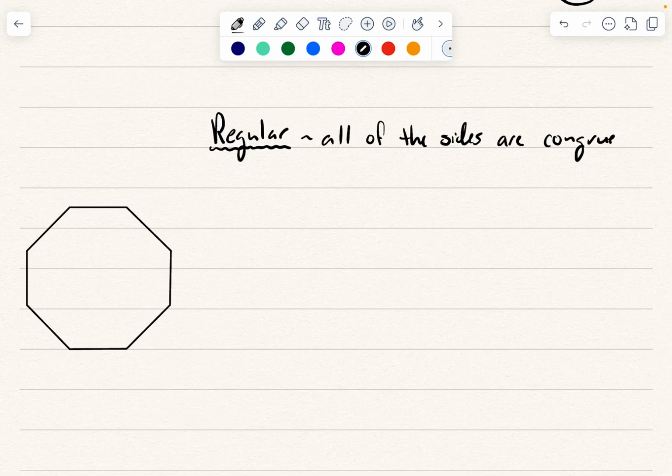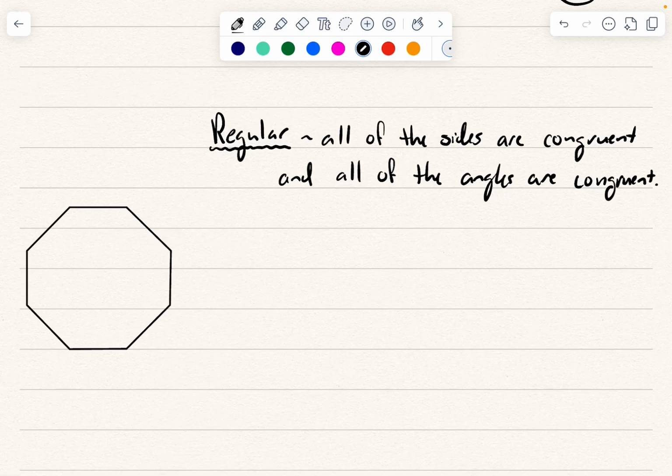They're the same length, which is what congruent means, but why write all that when I can just write the word congruent? In a regular polygon, all the sides are congruent, and not just that, but all of the angles are congruent. And it is possible to have one without the other.